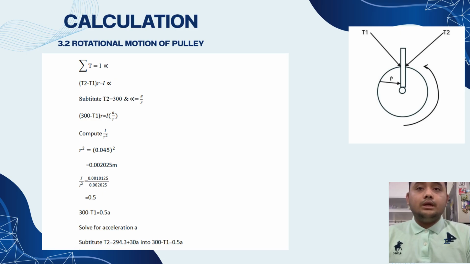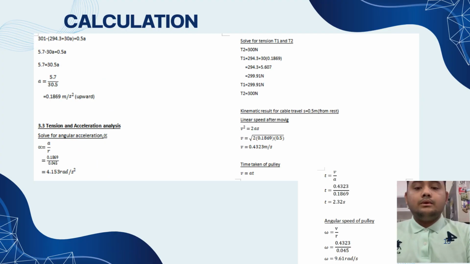Solve for acceleration A, substituting T1 as 94.3 plus 30A into 300 minus T1 equal to 0.5A. And in the end we get the answer: acceleration is 0.1869 meter per second square, upward.